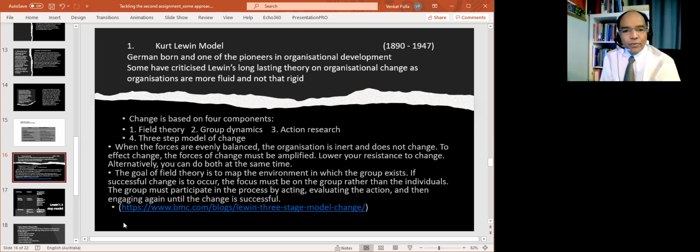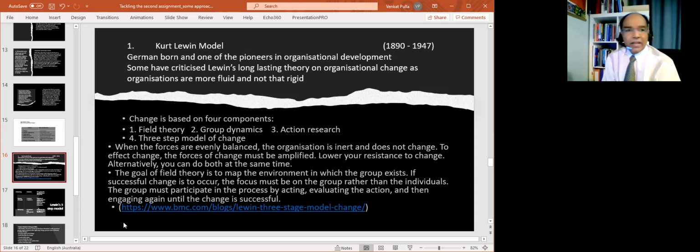And what are those? Field theory, which means the grounded theory changes. Internally, there is group dynamics that changes. People undertake action research. And of course, there is a 3-step model of change that is advanced.